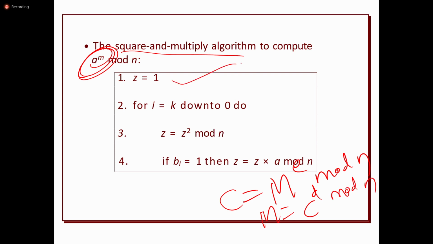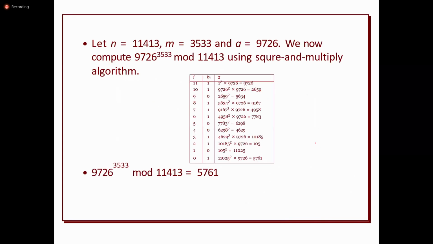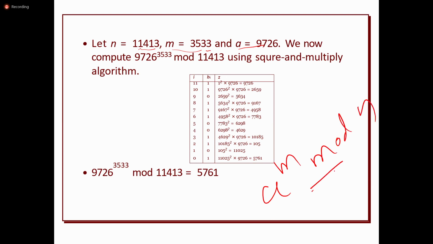That is, z is equal to 1, for i equal to k down to 0, we write z is equal to z square mod n. If bi is equal to 1, then we take the multiplication z is equal to z into a mod n. See, this is the example: a power m mod n.